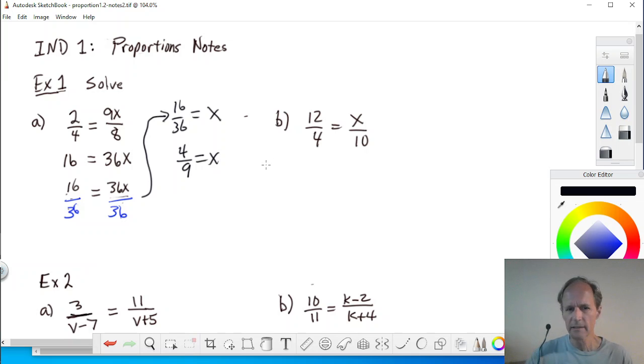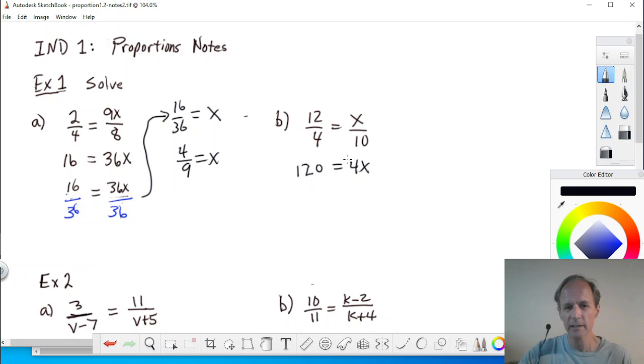So next we have this over here. 12 over 4 equals x over 10. Again, same first step on all of these. Cross multiply. 12 times 10, 120. And that's equal to 4 times x, 4x.